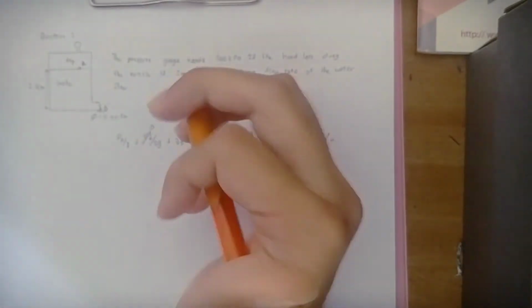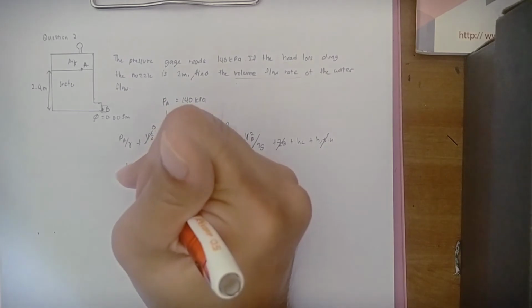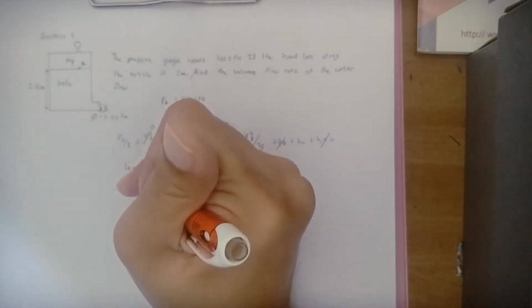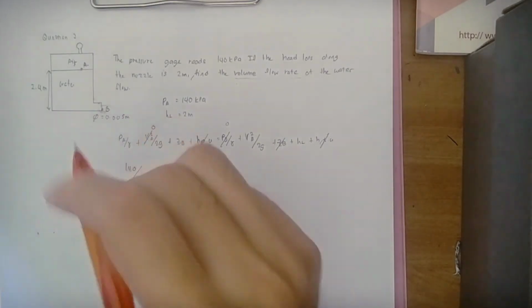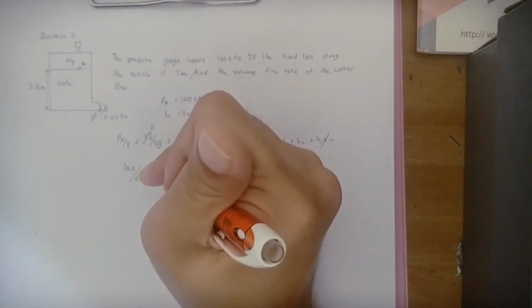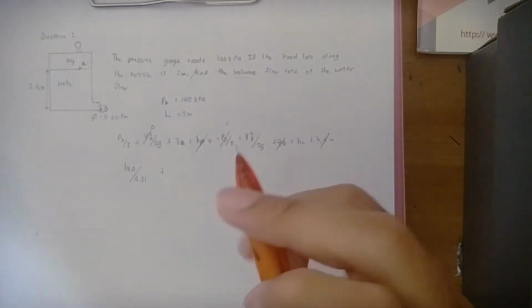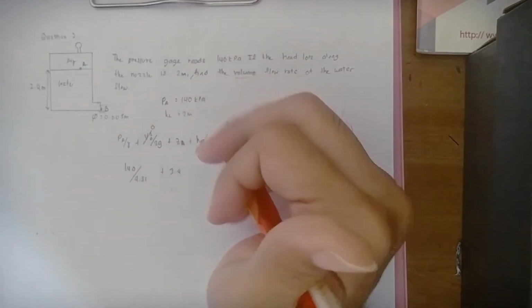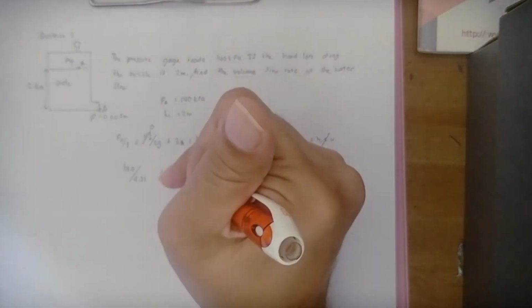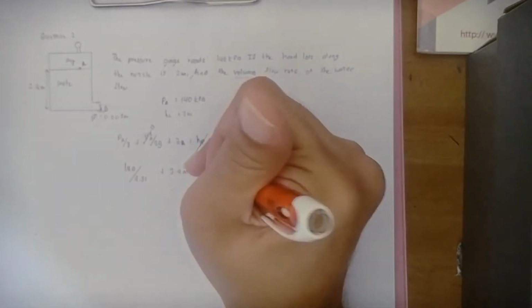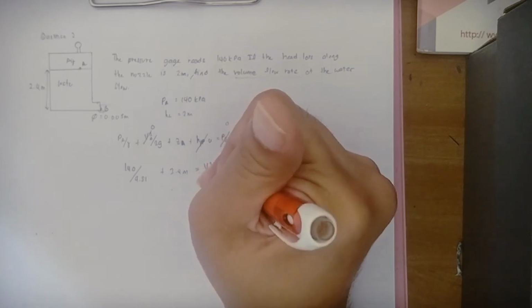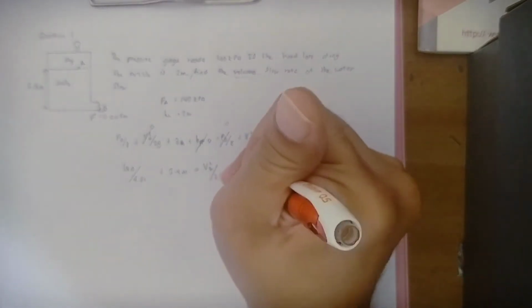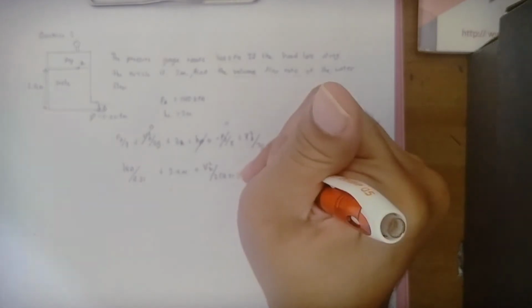Key in all the information given. 140. The lambda is equal to 9.81 because we use water as the liquid here. Plus ZA is equal to 2.4 meter. Is equal to VB squared over 2g plus HL, which is 2 meter.